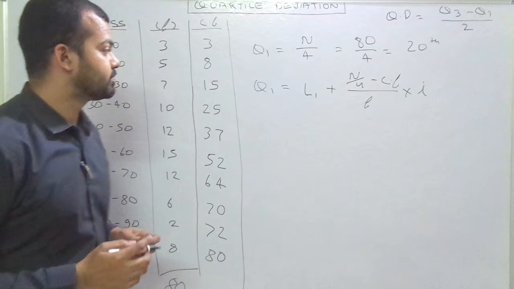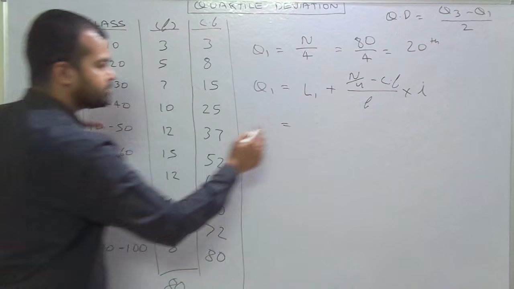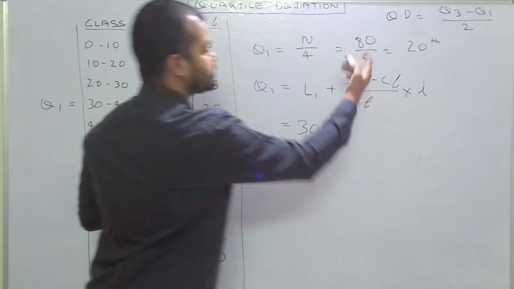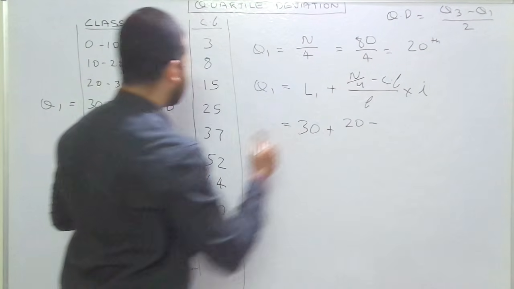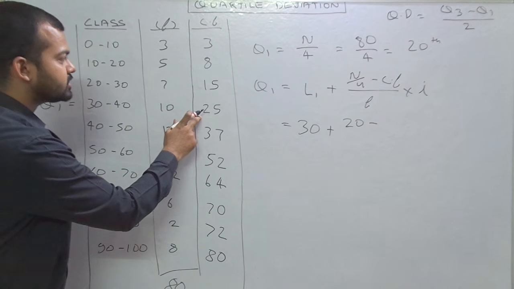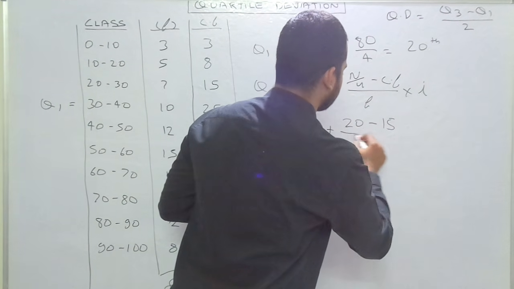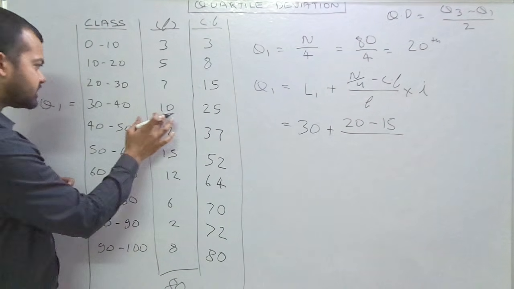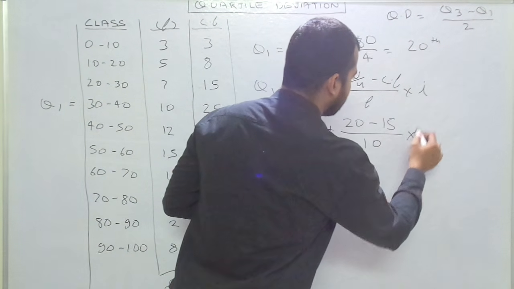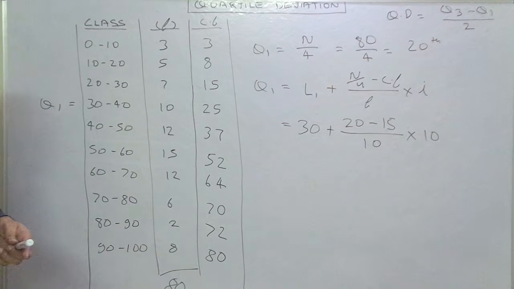It means the lower limit of this series is 30 plus n by 4. The value of n by 4 is 20 minus the cumulative frequency of the preceding class. The cumulative frequency of the preceding class is 15. So 15 divided by the frequency of the same class, that is 10, multiplied by the class interval, that is also 10.